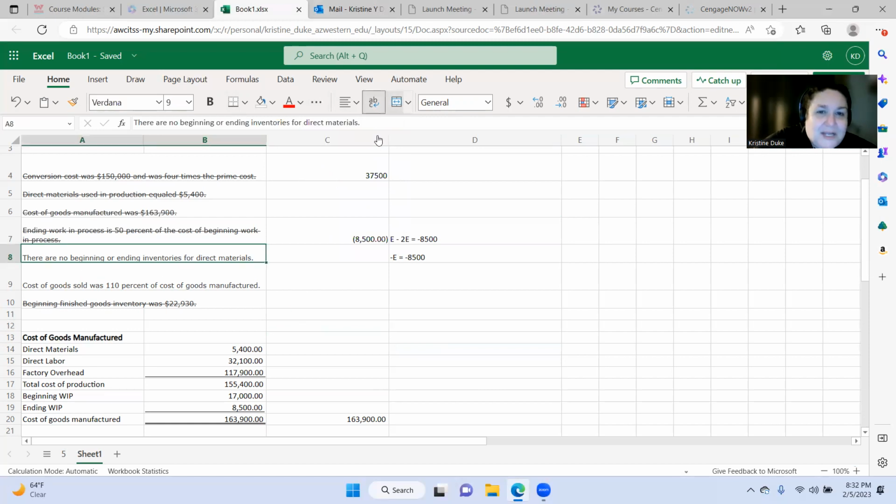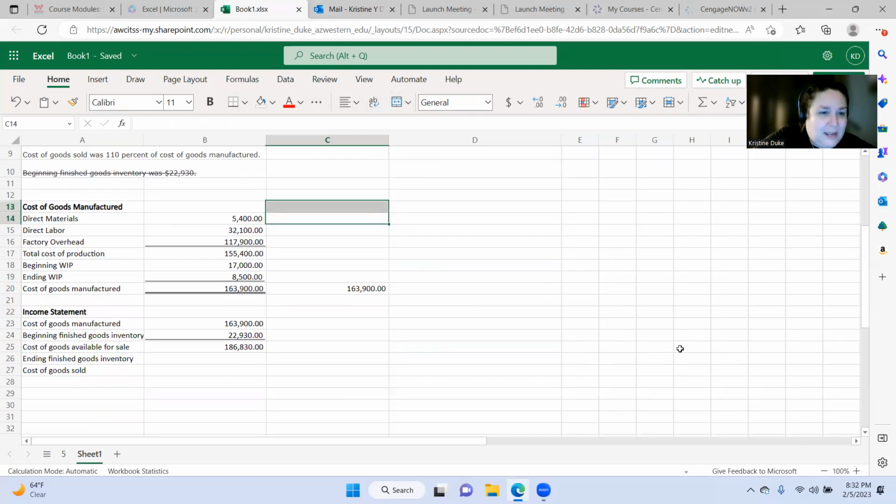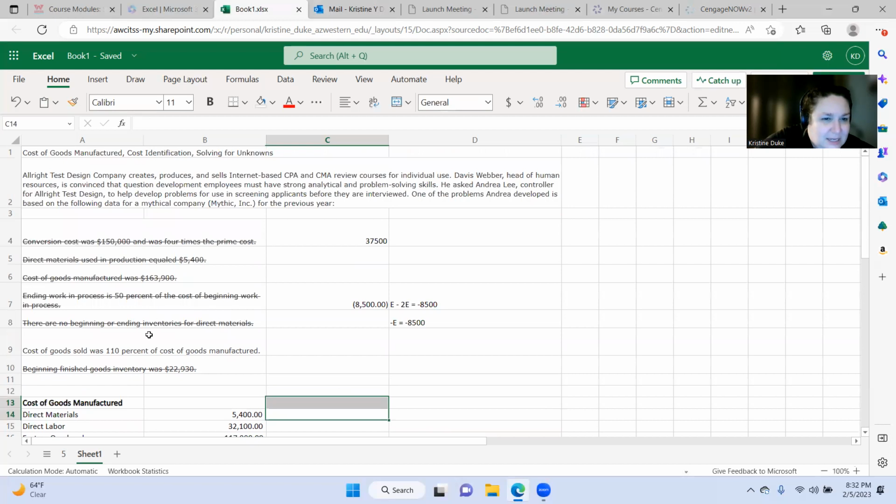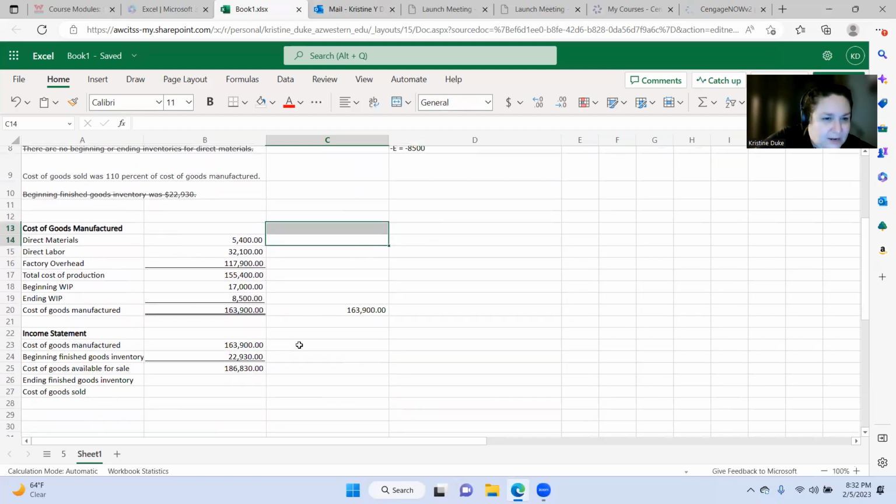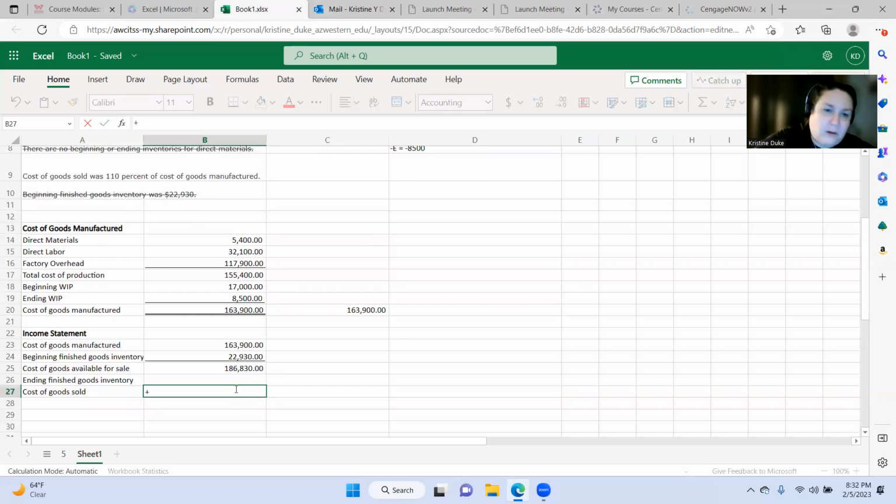There are no beginning or ending direct materials. We already know that. Let's strike that through. And our cost of goods sold is 110% of our cost of goods manufactured. So I know I'm going to go up here and go this times 1.1. Period. Okay.